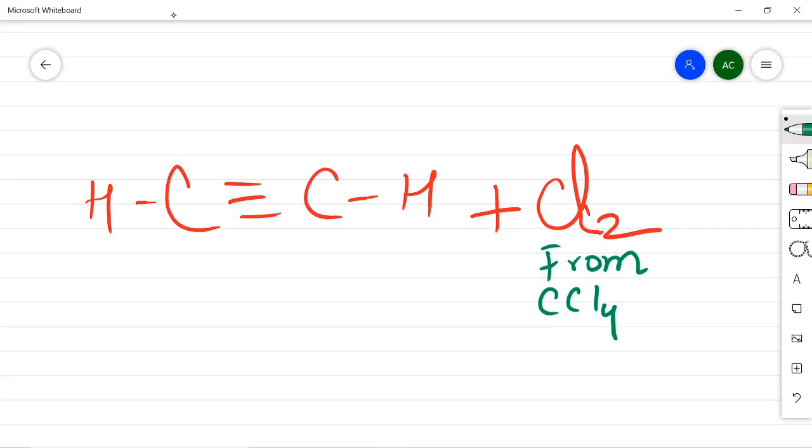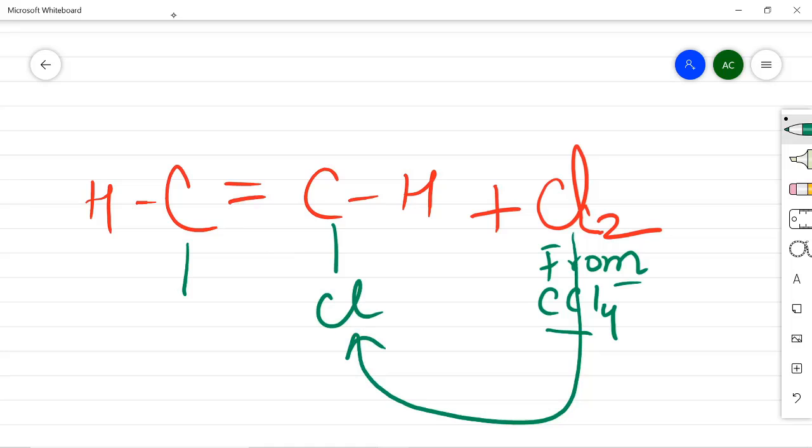So you can see here, this chlorine I am getting from carbon tetrachloride, and this bond will break, and you will get two places empty here when this bond breaks and opens up. इसको हटा देंगे यहाँ से। अब ये बन गया, और अब यहाँ से एक क्लोरीन यहाँ पे and one chlorine will come here.